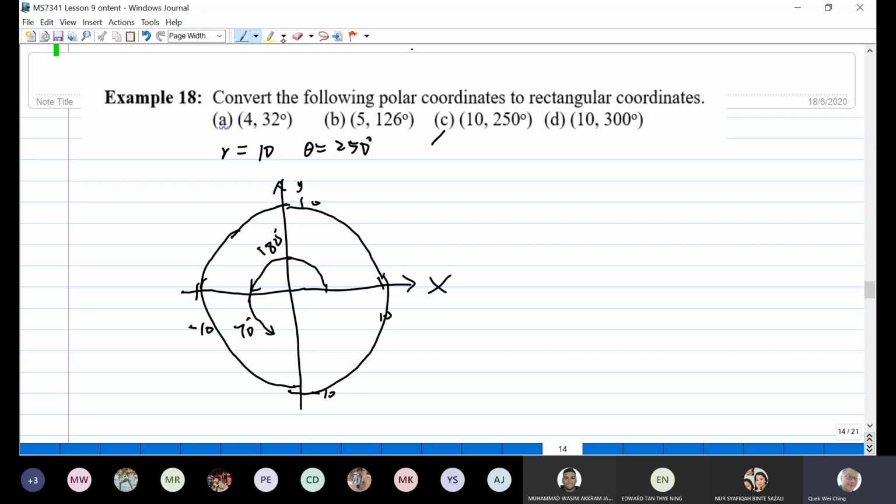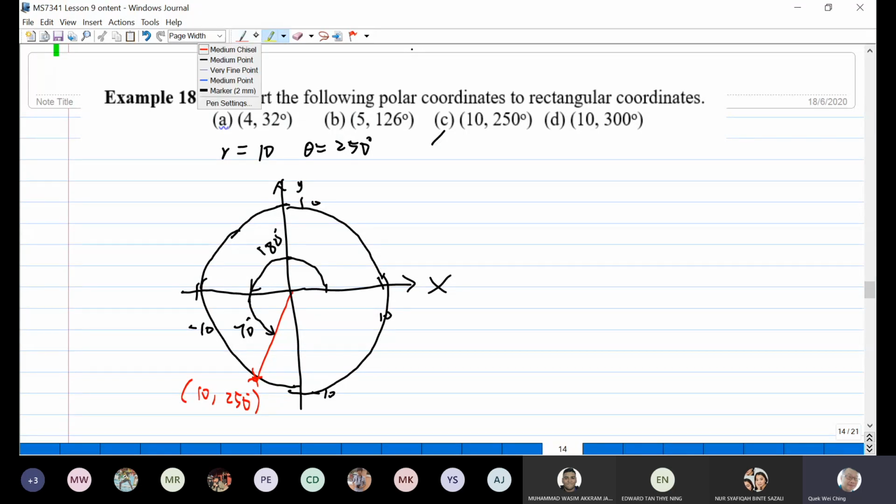So now you try this, cut a point. This is the point you want. Then 250. So from here, you can see that the x coordinate is negative.